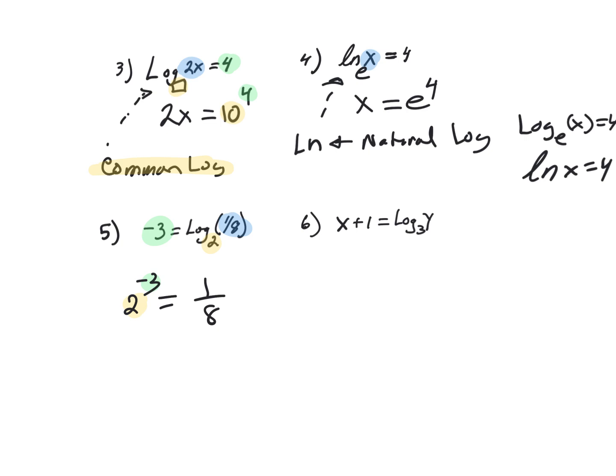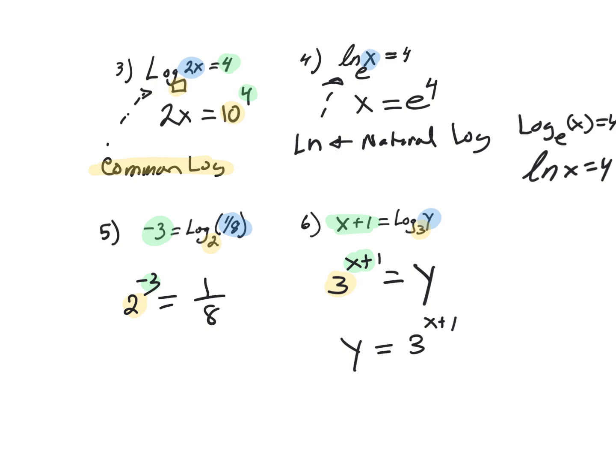So whatever is the of part of the log, or the inside the log is, that should stay on the side that it was written. And then it's going to be y is equal to 3 to the x plus 1 power. And then if you wanted to, you could rewrite it.